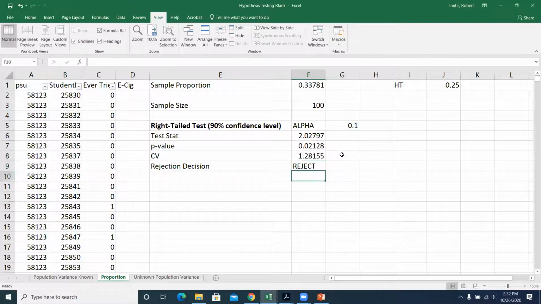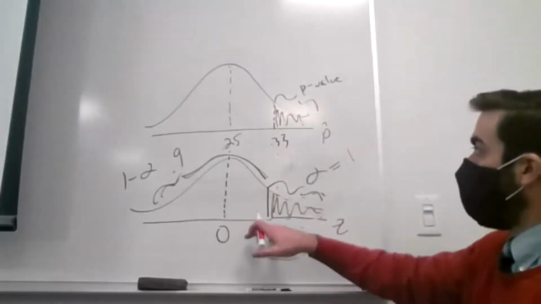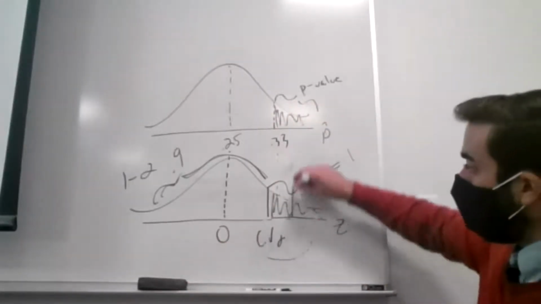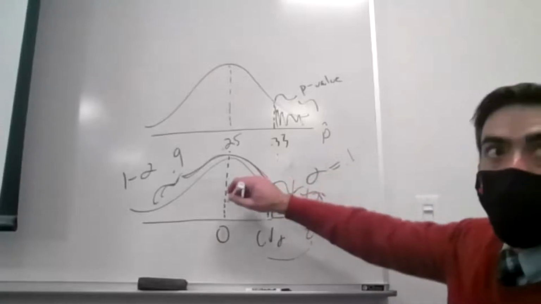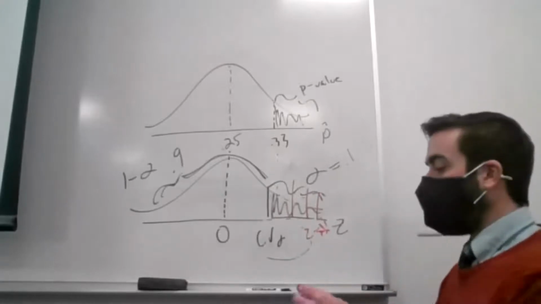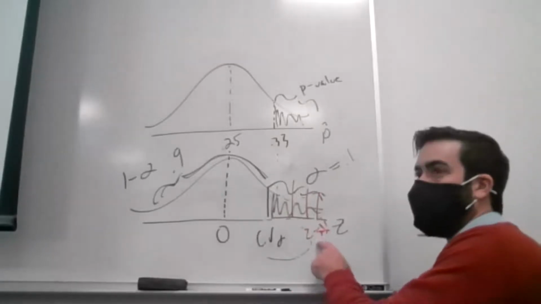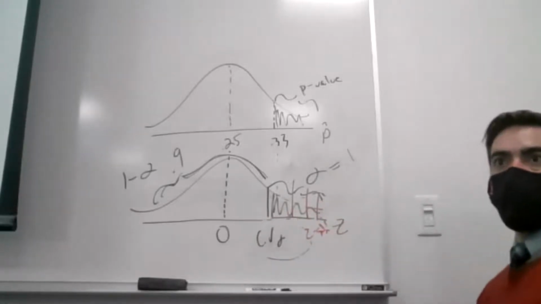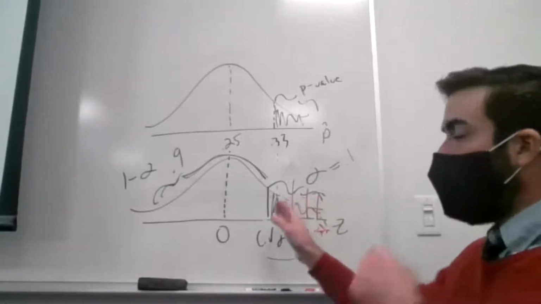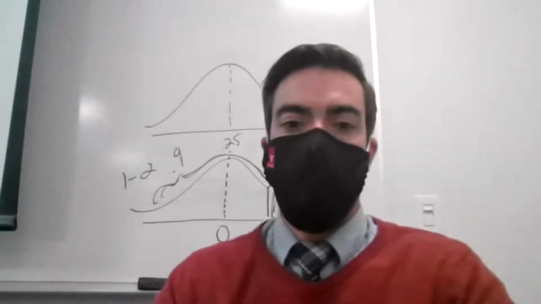Now I could do the exact same thing and make rejection decisions down here. But now I want to test if my test statistic falls anywhere in this rejection region, right, then I reject. If it doesn't, I fail to reject. So now what I want to test for is: is my test statistic greater than my critical value?